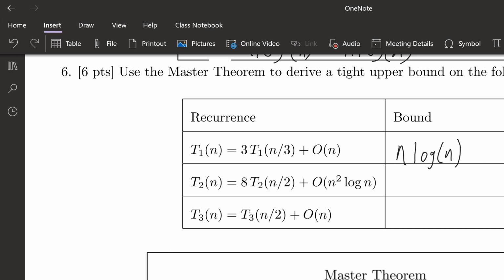Because if we were to look at n squared log n, well, n squared log n is certainly dominated, I don't know how to draw a dominated symbol, so I'll just say it's O, it's certainly bounded from above by n to the 2.00001, and 2.00001 is certainly bounded from above by 3. So the answer for this one would be n to the log base b of a, which in this case is n to the 3.